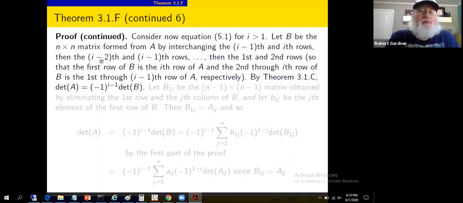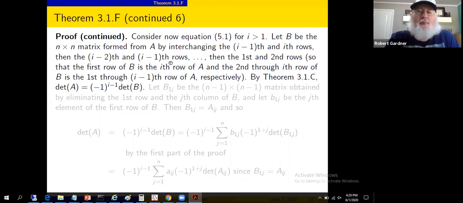Then interchange the i minus 2th row and the i minus 1th row. Okay, now you've backed the ith row back into the i minus 1 position, then back into the i minus 2 position. What we're doing is swapping things and moving that ith row to the top, because we were just talking about using the first row to calculate determinants.